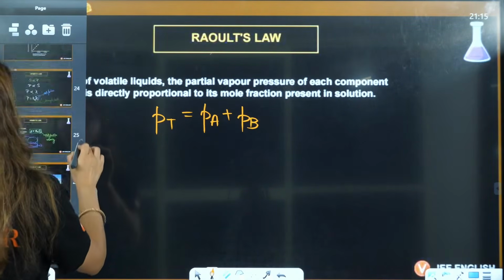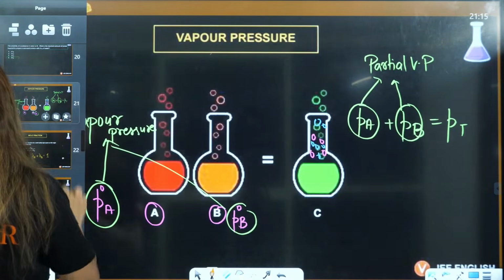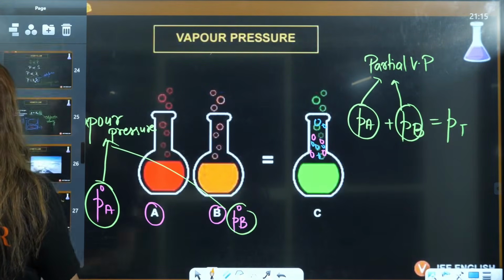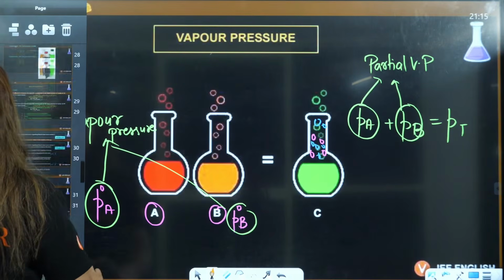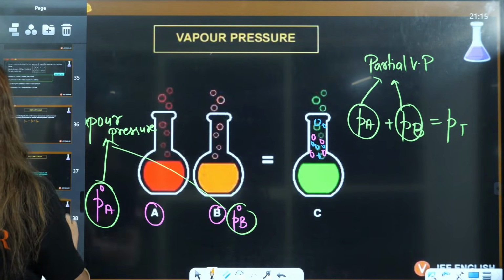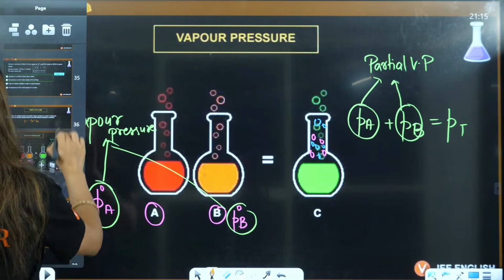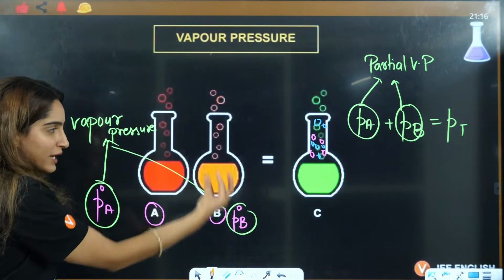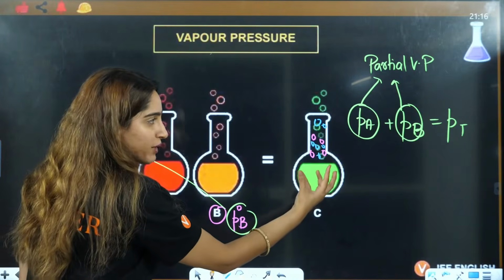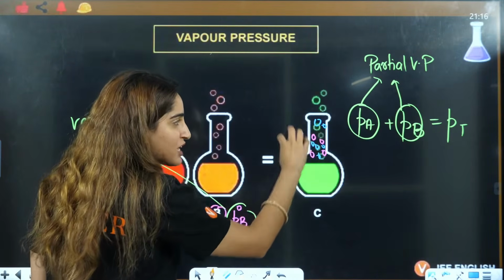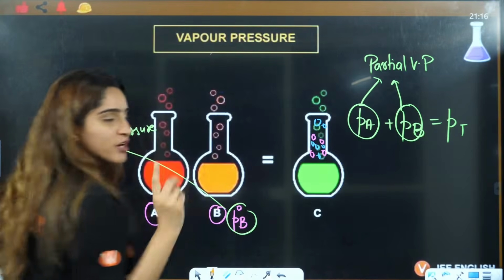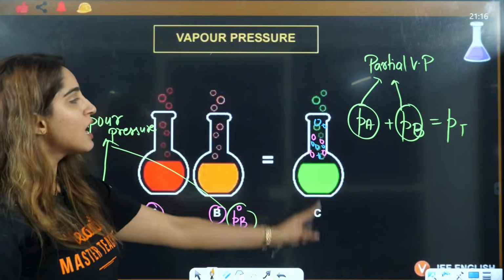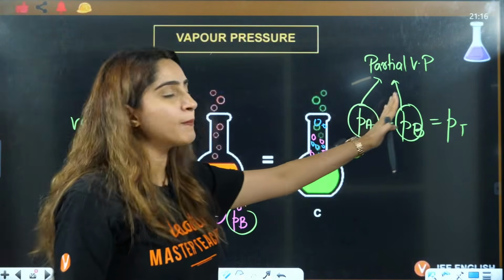I'll just bring out that page over here, so that you get more understanding about this. If you see this here, you mix two pure liquids, you get a mixture, and the total pressure generated by the vapors of A and B is called PA plus PB.